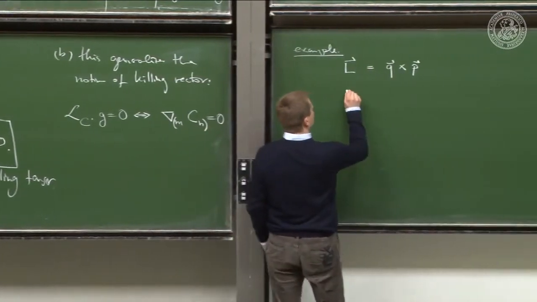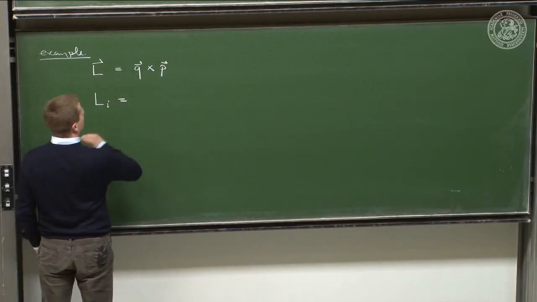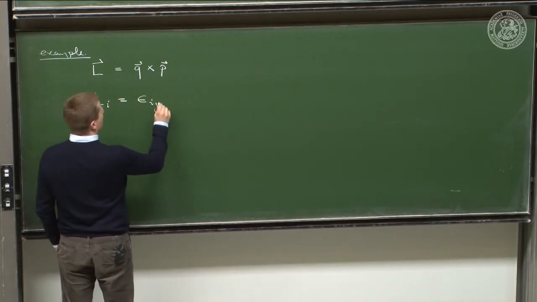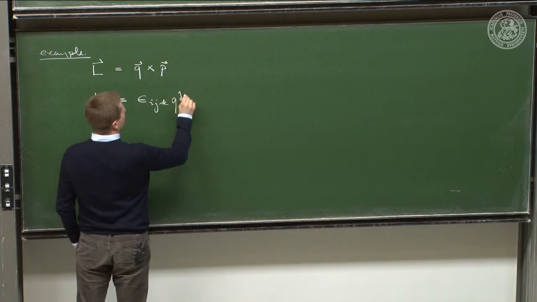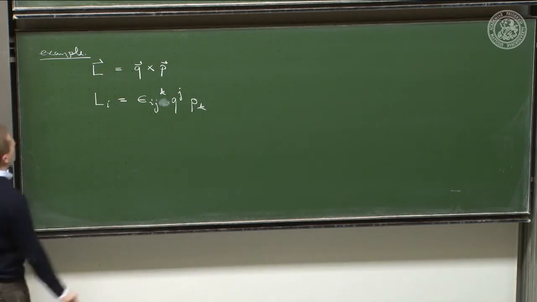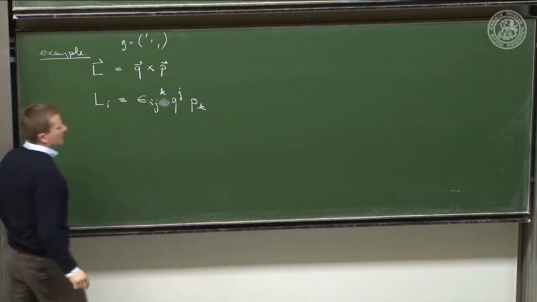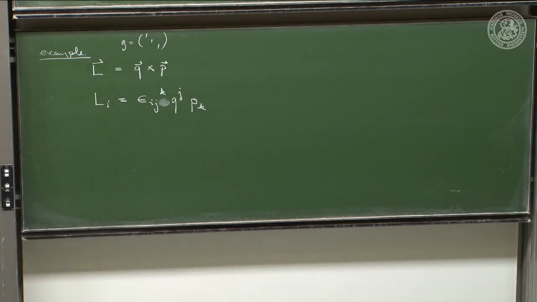And you know that that means that the ith component of the angular momentum is epsilon ijk qj pk. And I can raise and lower indices at will because I will use a flat metric throughout. Okay? I can do this.